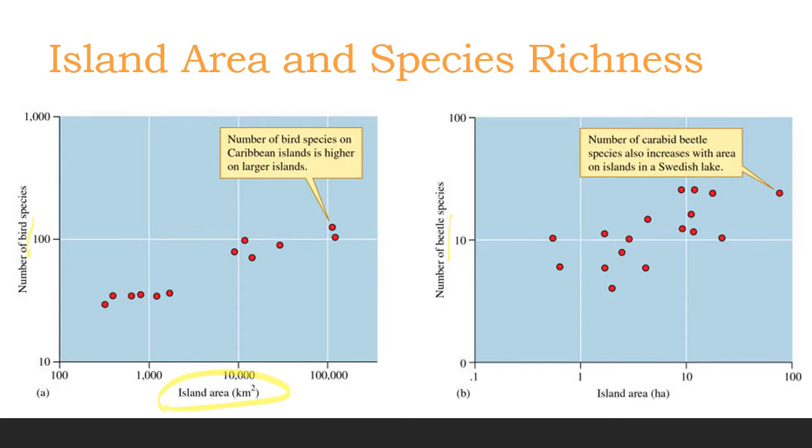The island area is on the x-axis, the independent variable, and both axes have a log scale, which straightens these out into more of a straight line. It pulls down the big values, so you can see the variation in the data a lot easier.